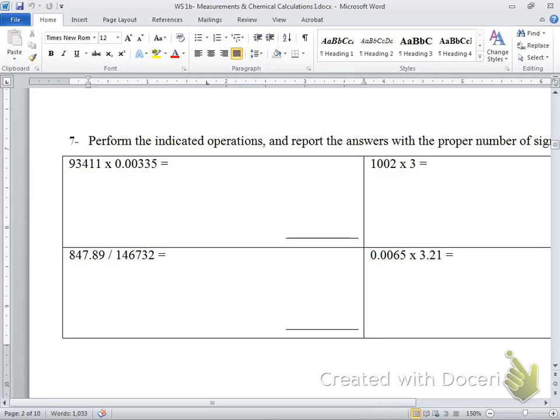So sig figs means you have to mark sig figs for each number going into the operation. How many sig figs in 93411? I think she got that from a zip code on a television show or something. Isn't that like a zip code? Yeah. And then 335? 3.